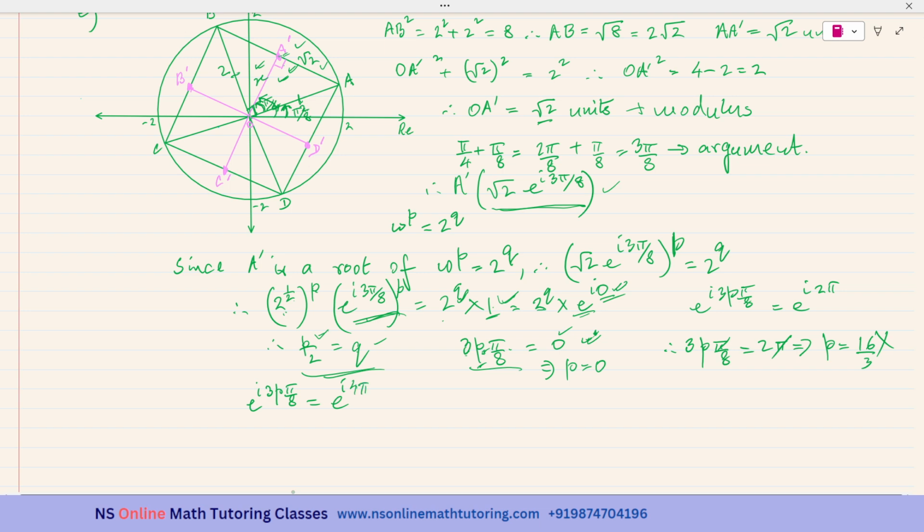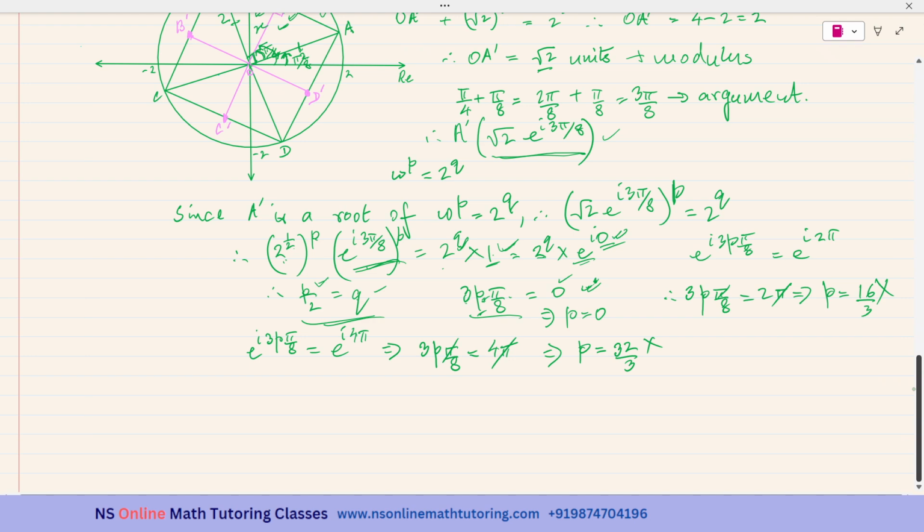This implies 3p pi over 8 equals 4 pi. These two will get cancelled and you will have p equal to 8 times 4, which is 32. 32 over 3 cannot be taken. It is not an integer.